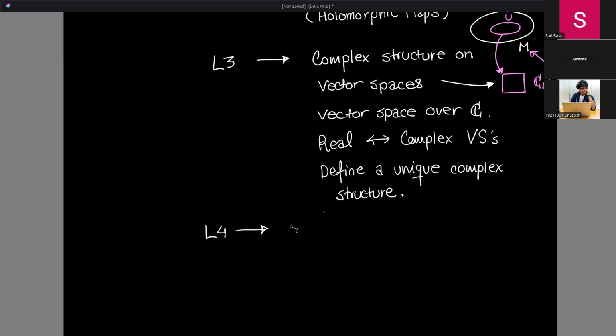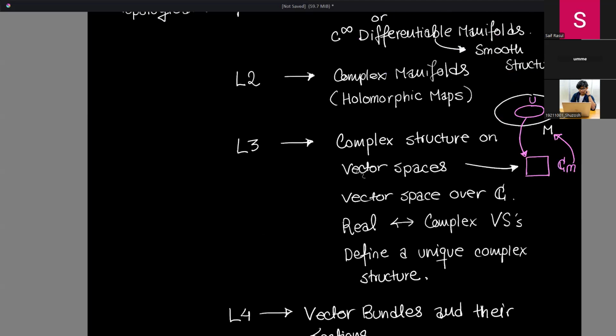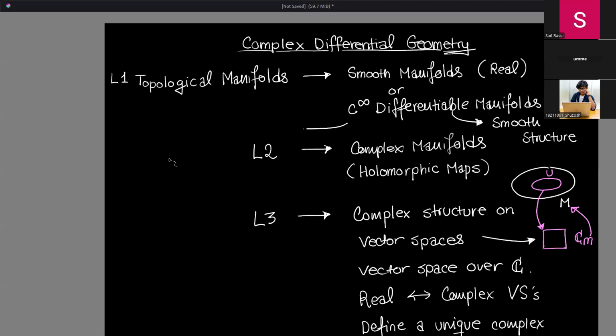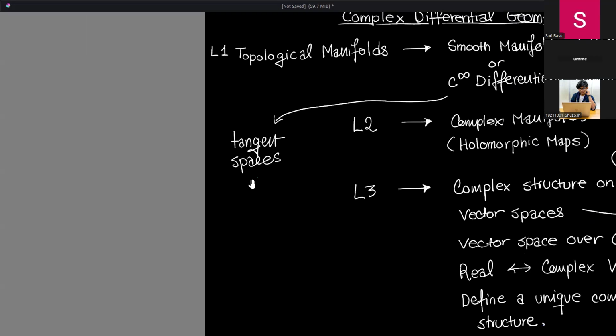It's called a vector bundle. Vector bundles and their sections. It's an extension of something that we've covered before. In lecture 1, we also looked at tangent spaces and cotangent spaces.